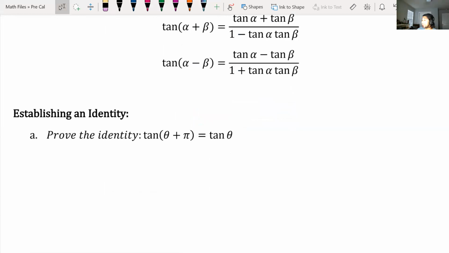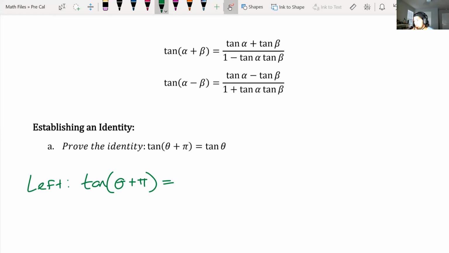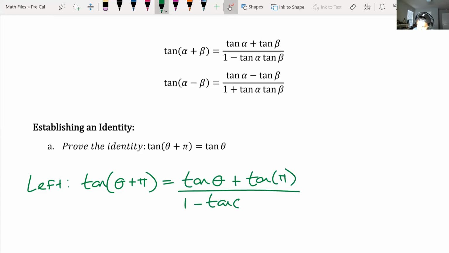It says prove that tangent of theta plus pi is equal to tangent theta. Okay, well, we're going to start with the left side, right? Tangent of theta plus pi, using the sum formula for tangent, is going to give me tangent theta plus tangent at pi over 1 minus tangent theta times tangent at pi.